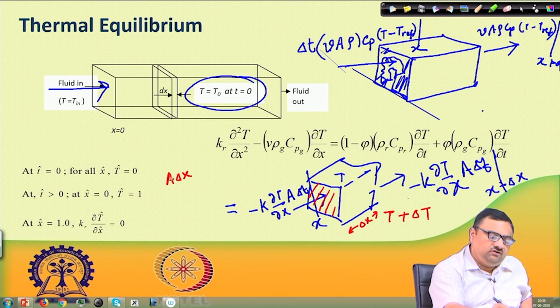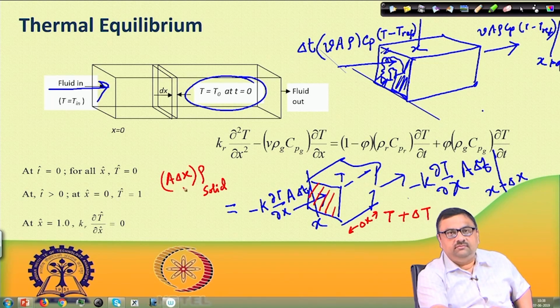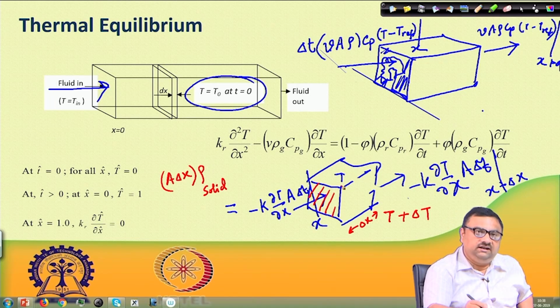So this volume multiplied by rho solid, that is meter cube into density, which is mass per volume, kg per meter cube. So volume and volume will cancel out. So this gives me the mass of this differential element.